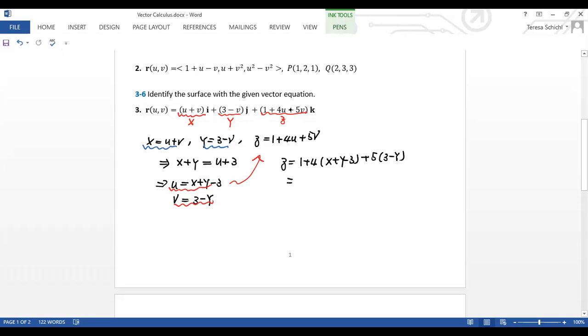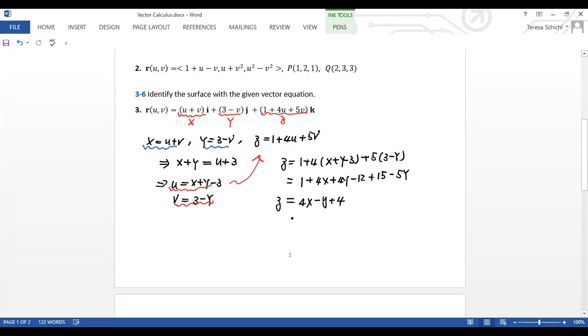So we simplify: this is 1 plus 4x plus 4y minus 12 plus 15 minus 5y. So z is equal to 4x minus y, then negative 12 plus 15 plus 1 is 4, so it's plus 4.